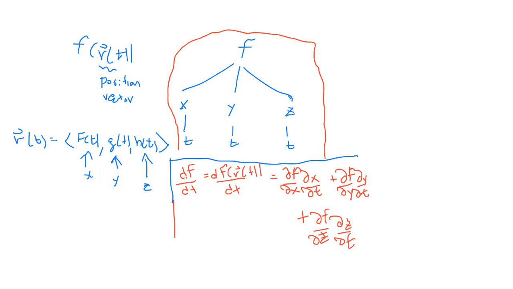So that's how we would find the derivative of this function. And of course, the function is a function of x, y, and z, but x, y, and z are functions of t, and so you get this chain rule. Are there any questions on that?